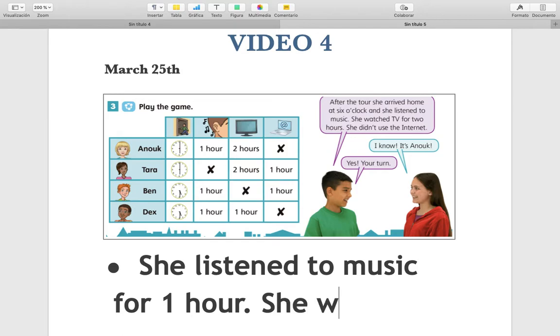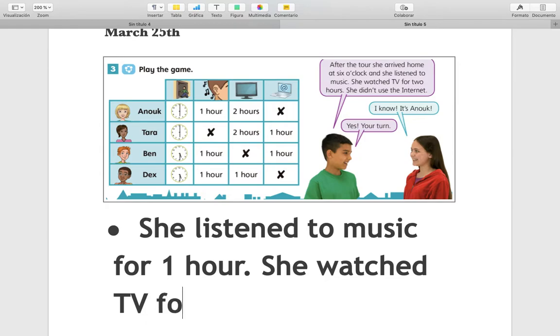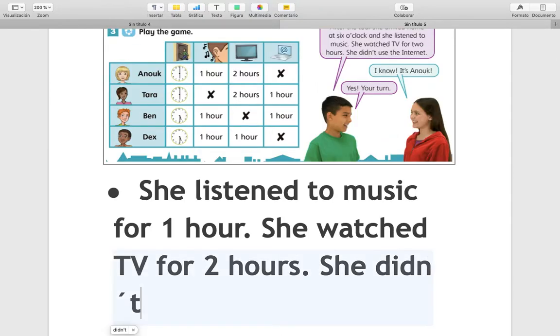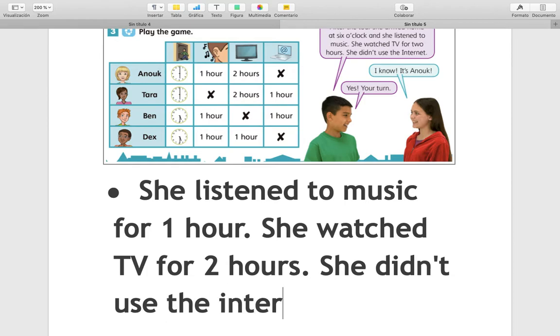She watched TV for 2 hours. And about use the internet, we say she didn't use the internet. That's what we must do in that activity.